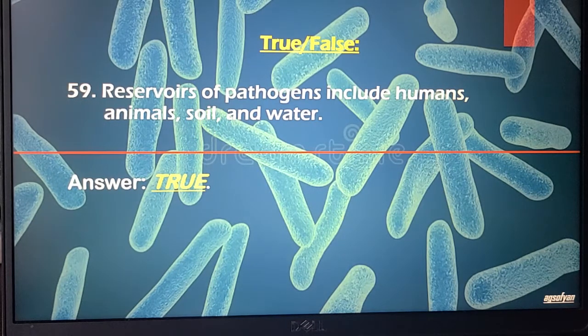Wild mammals like dogs and bats, for example, also can be reservoirs for rabies. So this is the possibility of some environments, including human, animal, soil, and water, being used as reservoirs for some diseases.